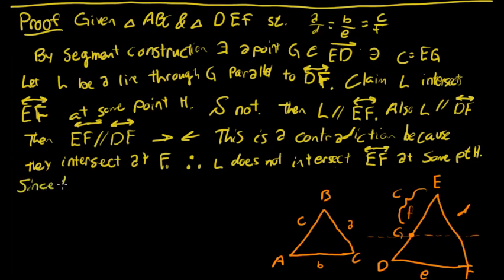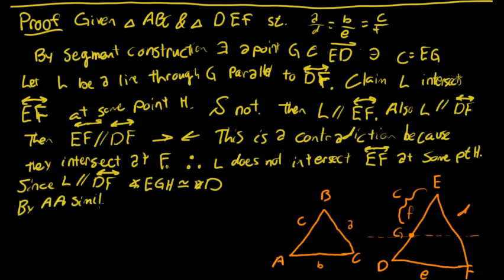Since L is parallel to DF, we can say that angle EGH is congruent to angle D, and that's by corresponding angles. We can say that by angle similarity, triangle GEH is similar to triangle DEF.